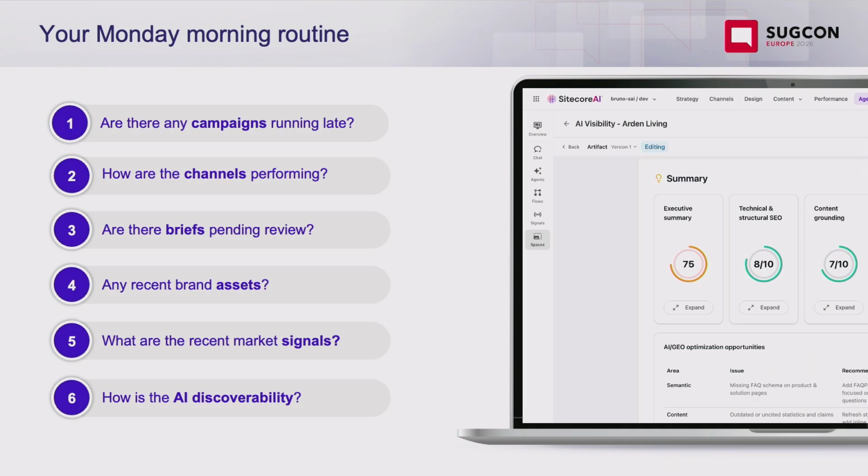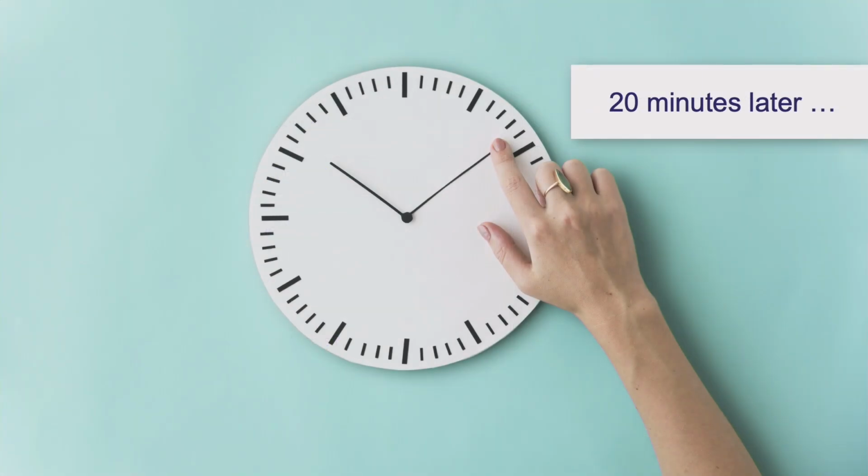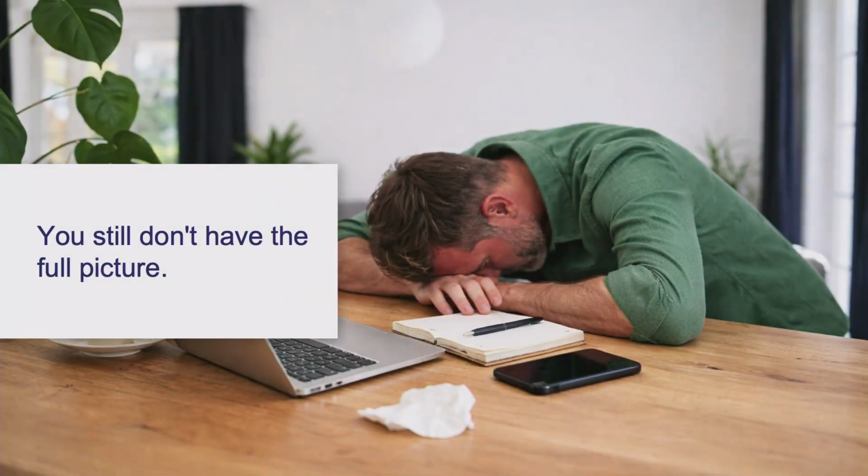How about AI discoverability? What are the rankings? So you have already been through different screens by now. You see that the information is scattered and probably 20 minutes have passed and you still don't have the information. So your coffee is finished, you are frustrated. And that really doesn't help the situation.